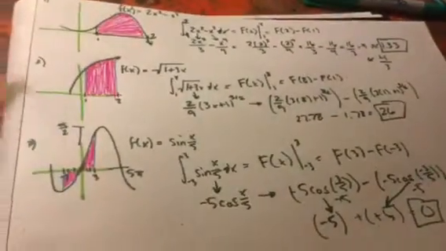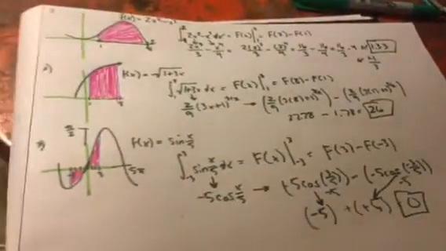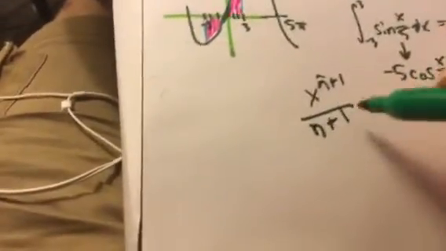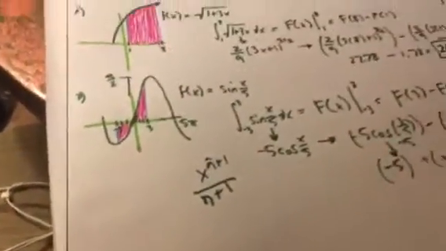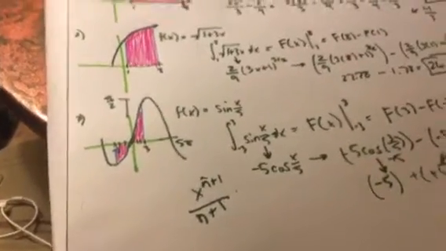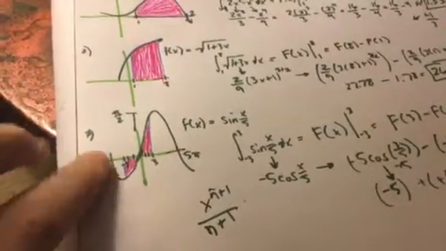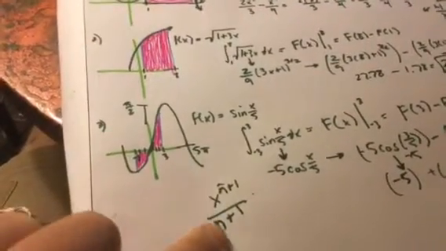So that's pretty simple. And stuff like this, 2x squared, that's pretty simple via the reverse power rule, which is this. Say we have x squared, the antiderivative of that is x to the 3rd over 3.